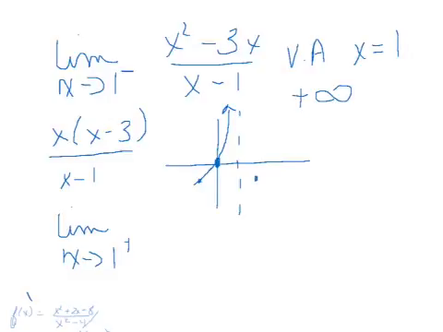What if x is 3? We get a negative number again. So, as x approaches 1 from the right, we're going to negative infinity.